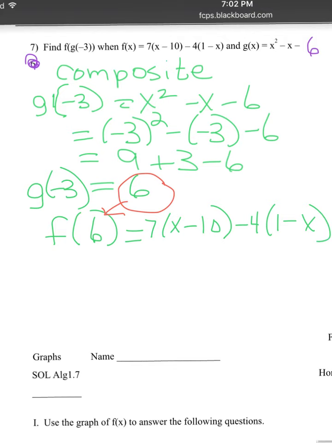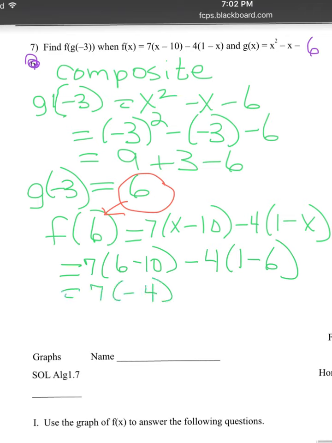So now we're going to take 6. 6 is going to be our input value. Okay, there's no negative, so we don't need parentheses. So f of 6 is going to equal 7 times 6 minus 10 minus 4 times the difference of 1 minus 6. So that's a positive 6. 7 times negative 4 minus 4 plus 24.